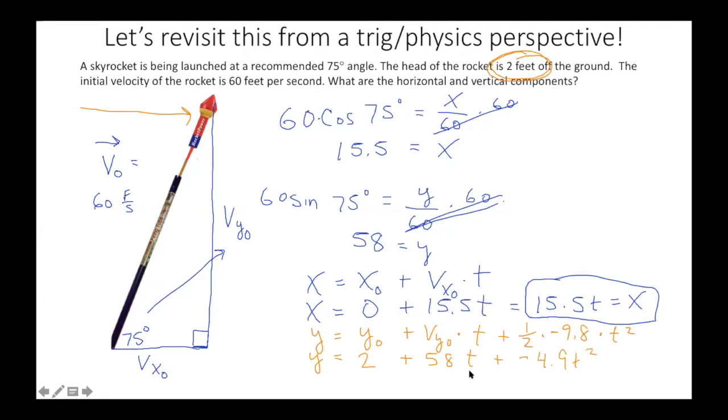Okay. Now, if I take that and rewrite it so that it looks more familiar, we put the highest power, the degree, first. So that's going to be negative 4.9 t squared plus 58t plus 2. That is our y, or vertical distance equation. All right. So let's parlay these together and see where it leads us.